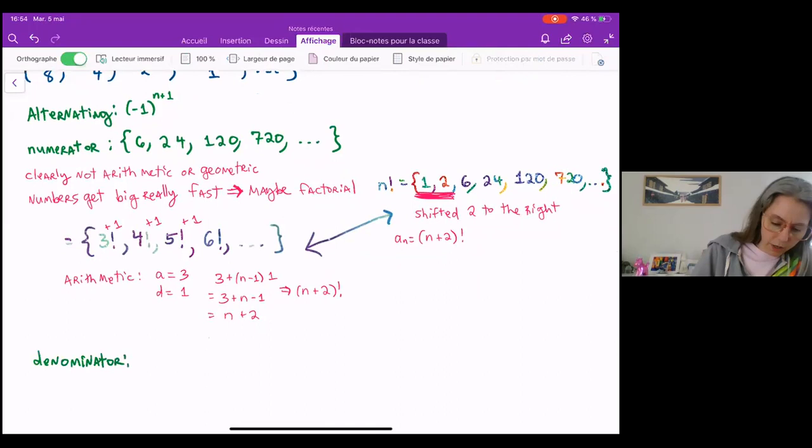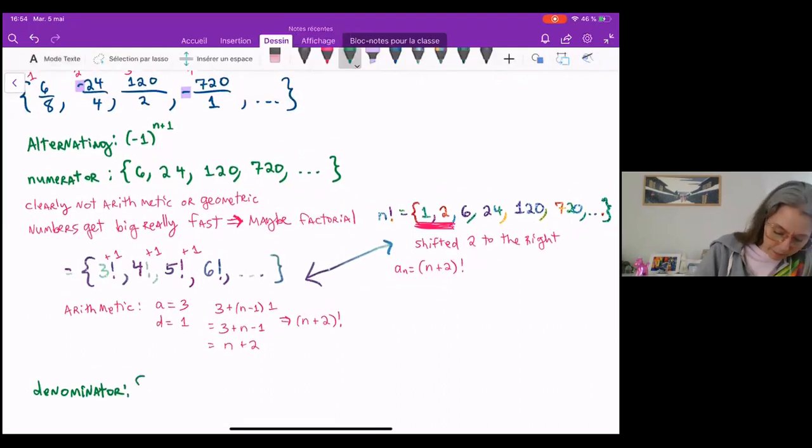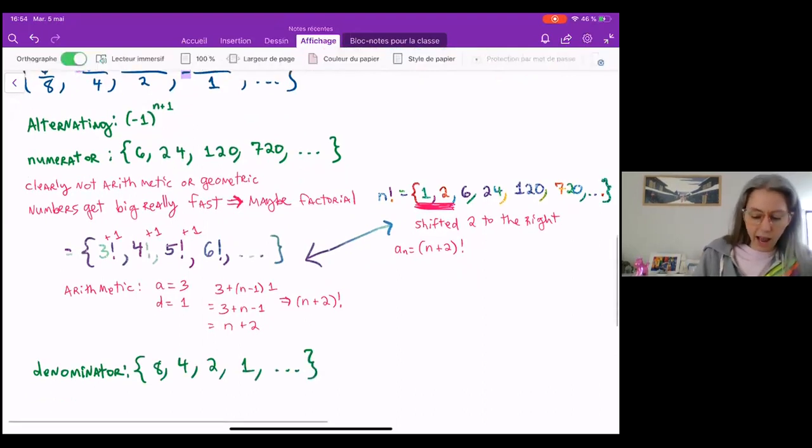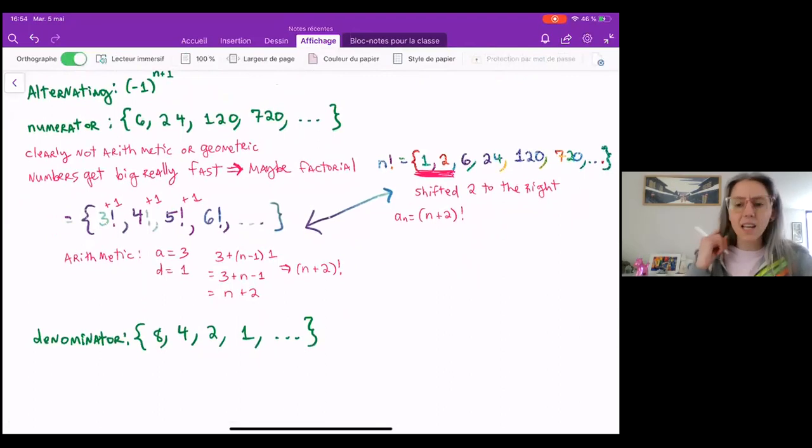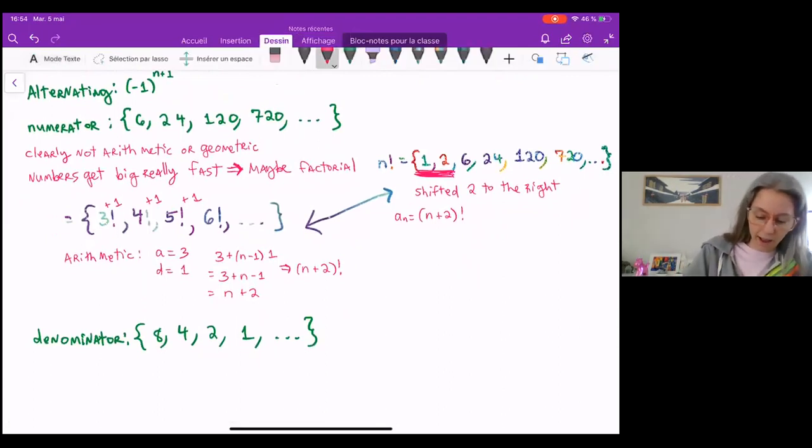So my denominator here was 8, 4, 2, 1, and so on. And it turns out that this is actually pretty straightforward because I can pretty much straight up see that I'm just multiplying by a half each time.